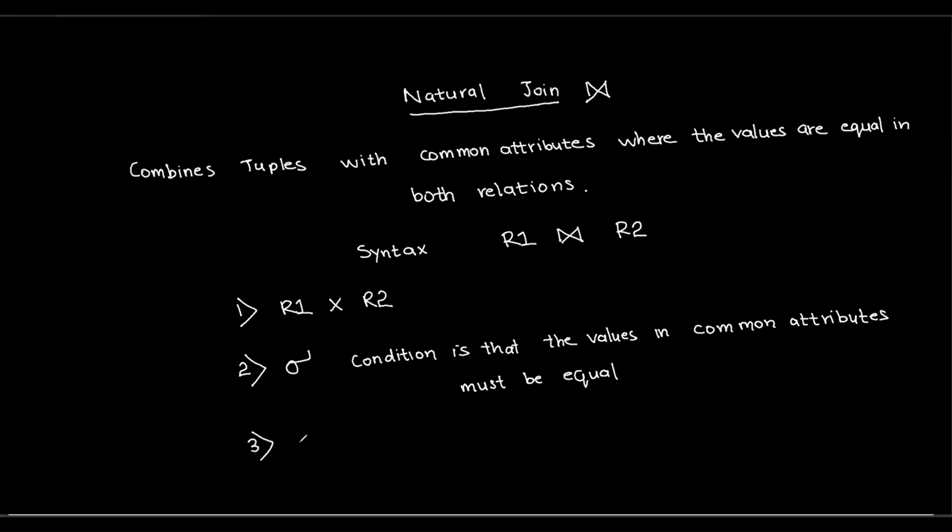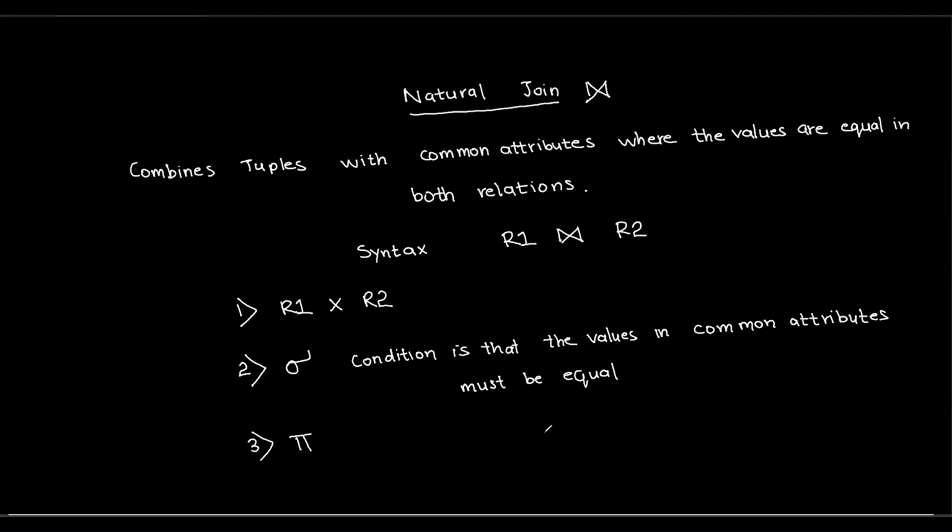Third and last one, projection. Here, we will only project the unique attributes or unique columns, and the common columns but only once.